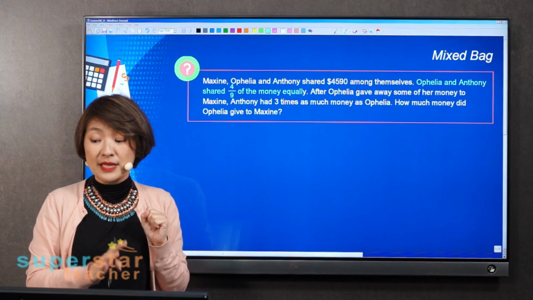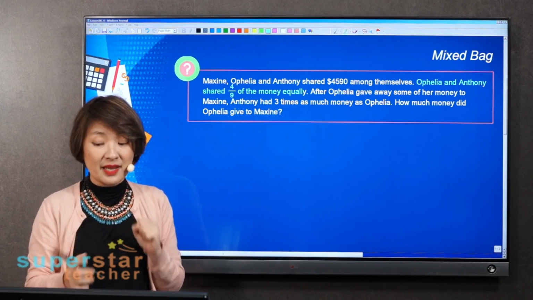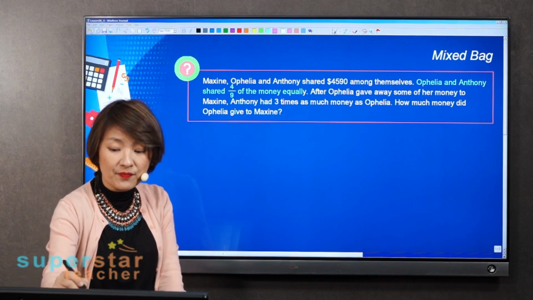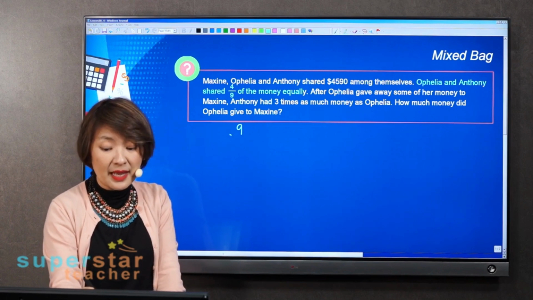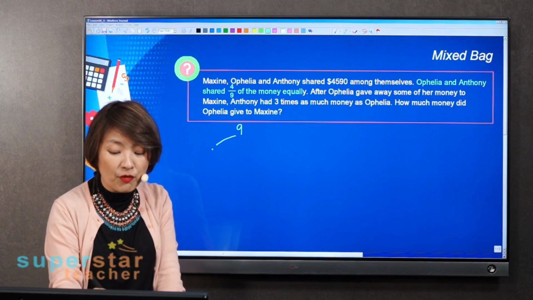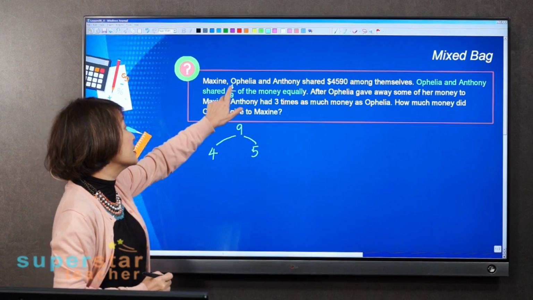They say that Ophelia and Anthony shared 4/9 of the money. The money is 9 units, and then you will have 2 groups. One group says 4 units, the other group 5 units, because it says 4/9.